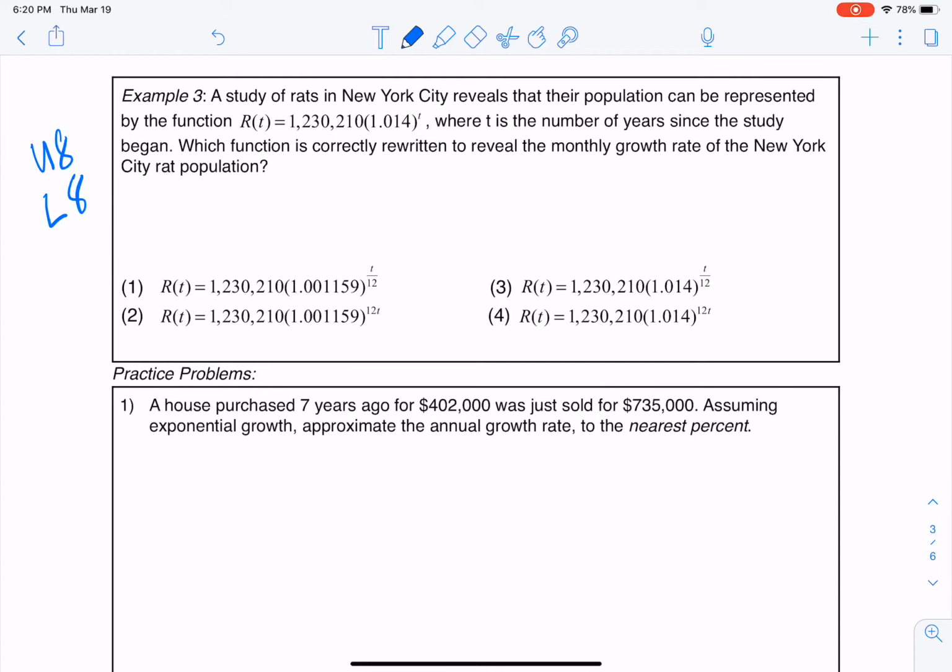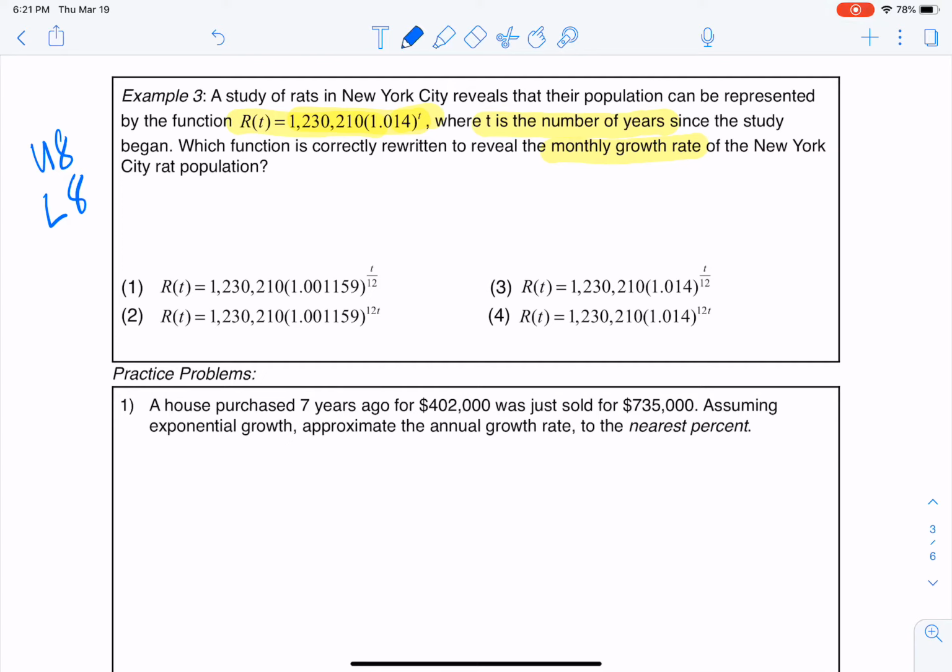A study of rats in New York City reveals that their population can be represented by the function R of t equals 1,230,210 times 1.014 raised to the power of t, where t is the number of years since the study began. Which function is correctly rewritten to reveal the monthly growth rate of the New York City rat population?